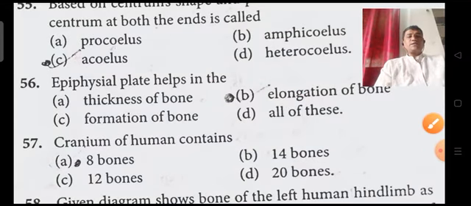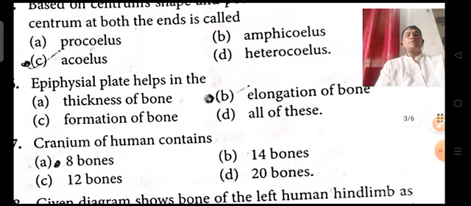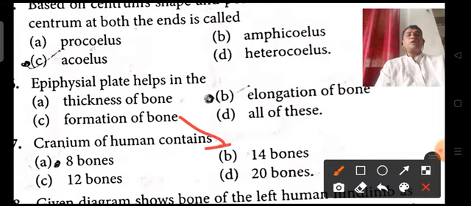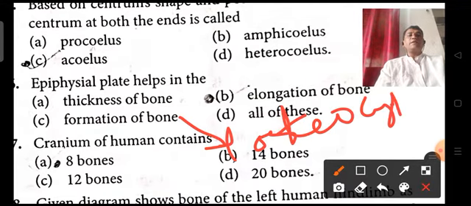Next, question 56. The epiphyseal plate helps in? Already you know that thickness of the bone, elongation of the bone, formation of the bone are all options. Formation of bone is because of the osteocytes, and thickness of the bone is because of calcium accumulation.